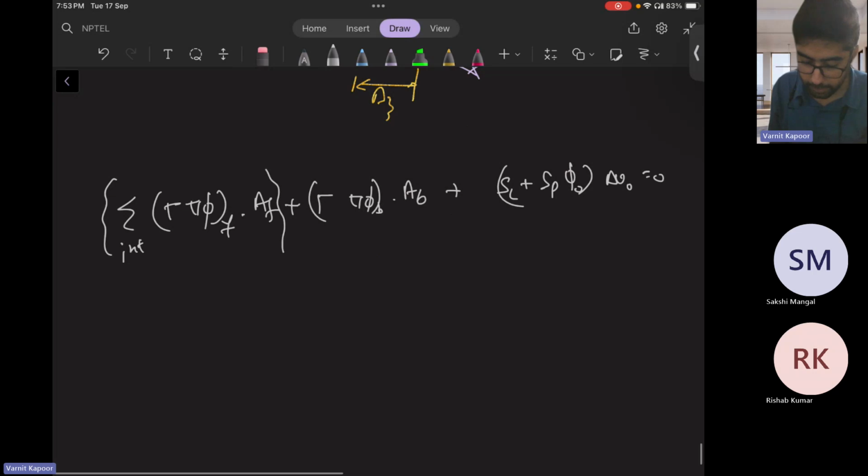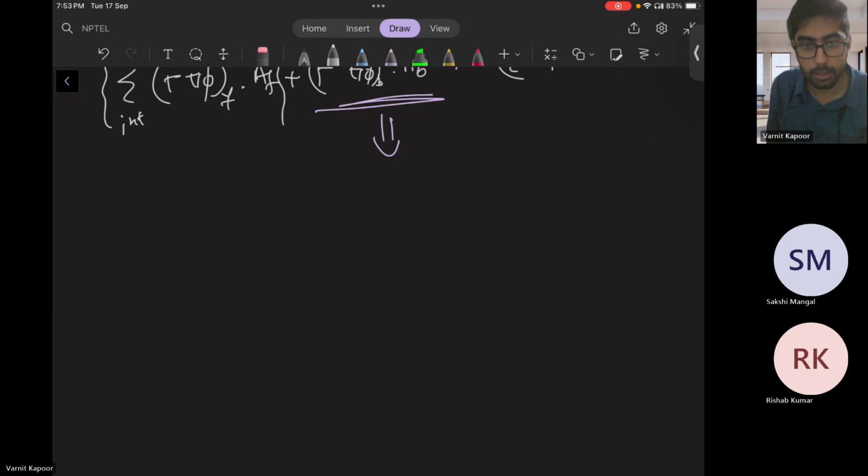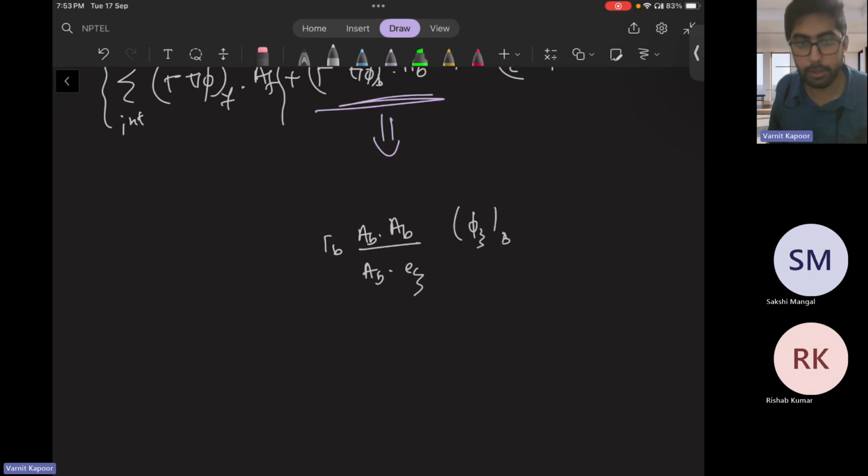Again, now you have done for all this. Now time is to see for the boundary part. So this can be written as gamma B AB. Earlier we used to write AF EF AB dot E of zeta into phi of zeta at the boundary as zeta at the boundary. All right.